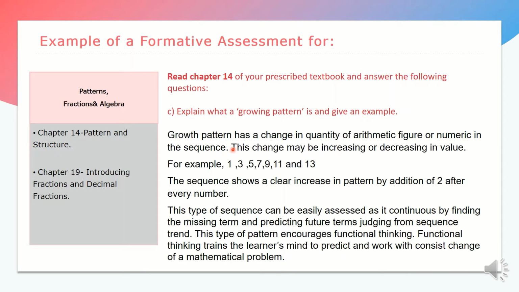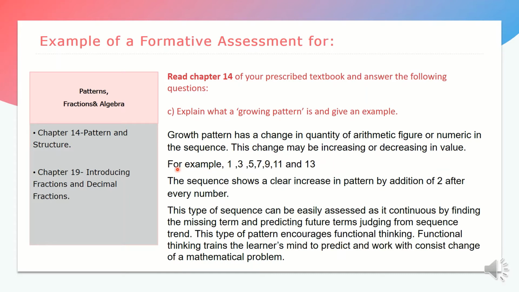Okay, the third one is: explain a growing pattern and give an example. A growing pattern has a change in quantity of arithmetic figures or numerics in the sequence. This change may be increasing or decreasing in value. For an example, 1, 3, 5, 7, 9, 11, and 13.